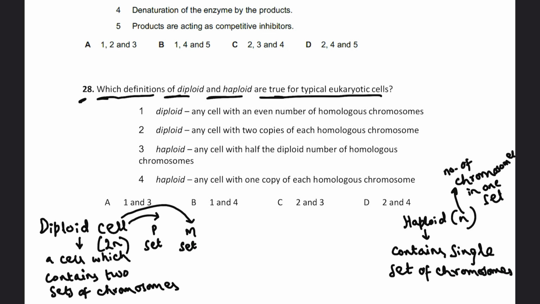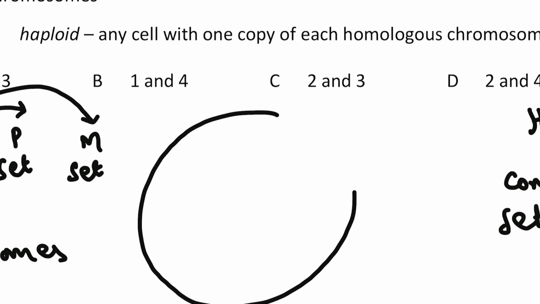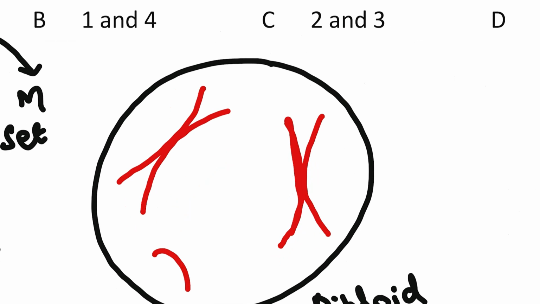Okay, one more thing I would like to tell you about the diploid cell is that the diploid cell has homologous chromosomes. So guys, how do we define homologous chromosomes? If in a cell you see two chromosomes of same size and shape, two identical chromosomes like this, and also these ones, and also these. So guys, we have three pairs.